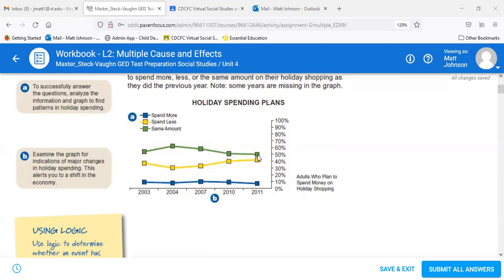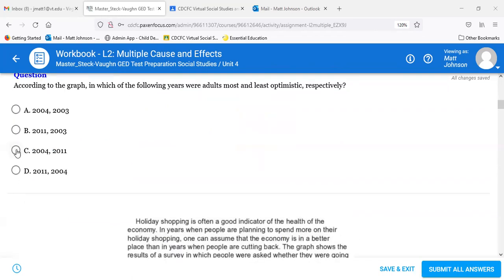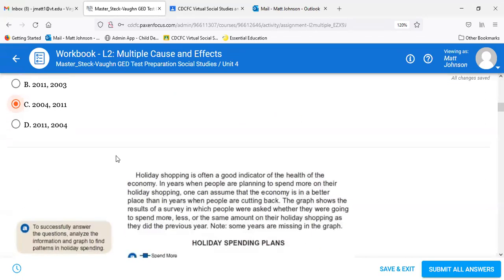And we also see that downturn where less people were spending the same amount. So more people spend less, right? That's a little weird kind of graph to look at for that information. But yes, one is C then. 2004 was a good year. It was optimistic. 2011, not so much.